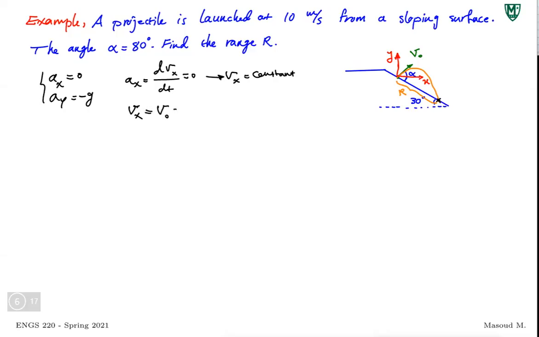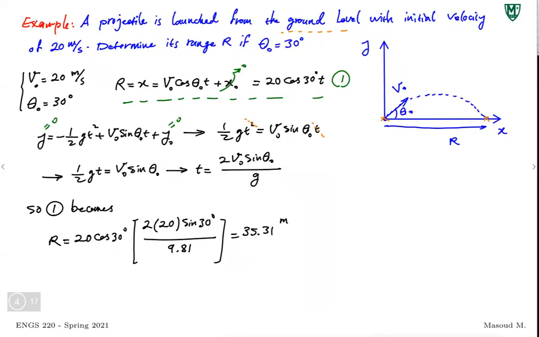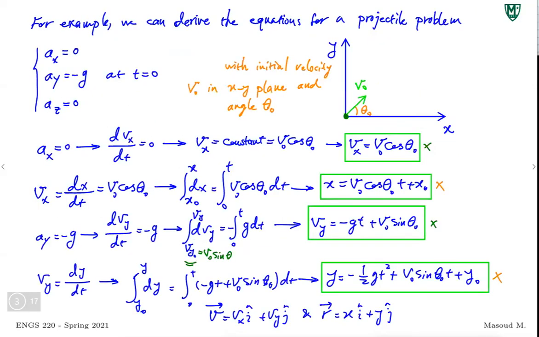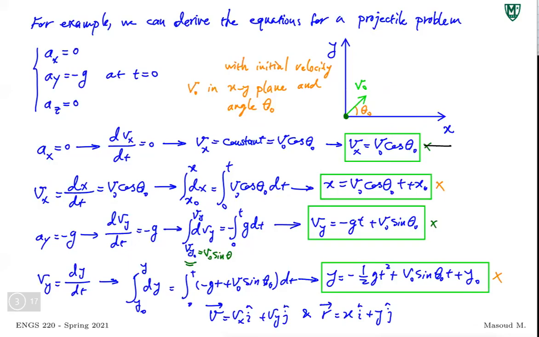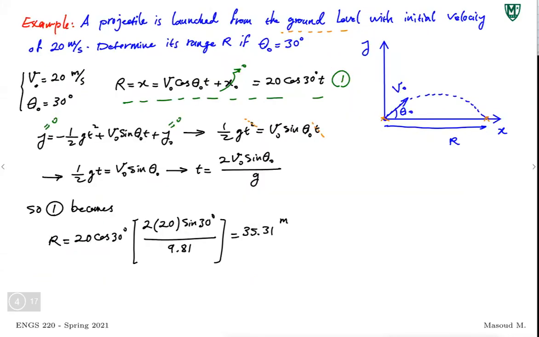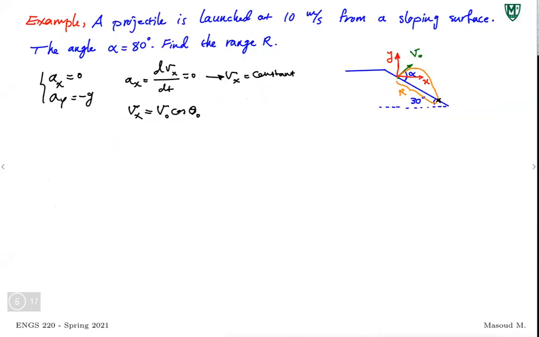Vx is v naught cosine theta naught. If you go back to the equations we derived, here is the first equation right here. Vx is v naught cosine theta naught. Maybe it's better if I don't derive it and I use what we had from before. So v naught cosine theta naught. What are these values?